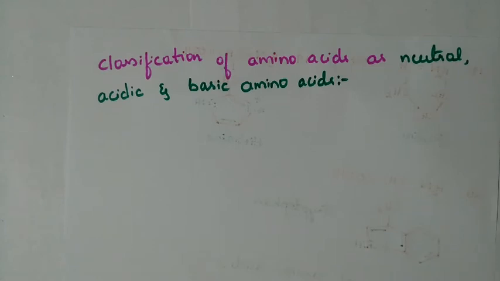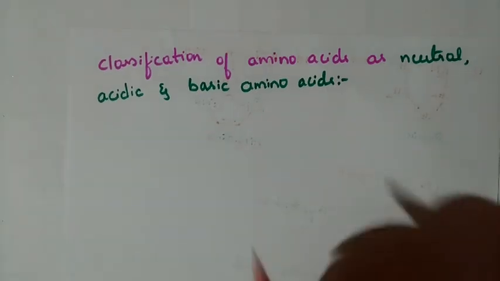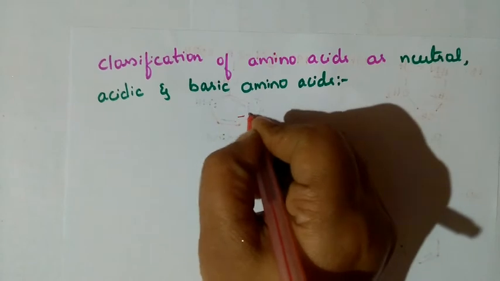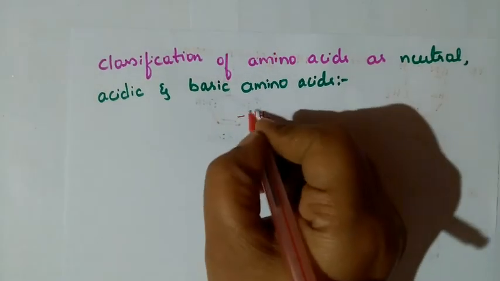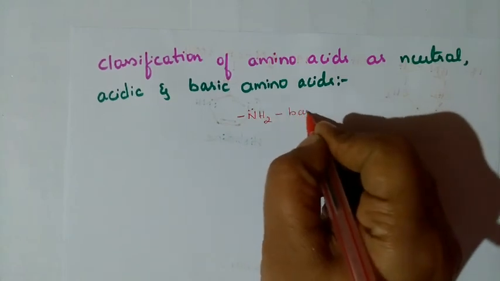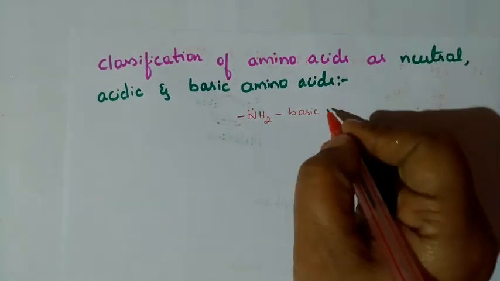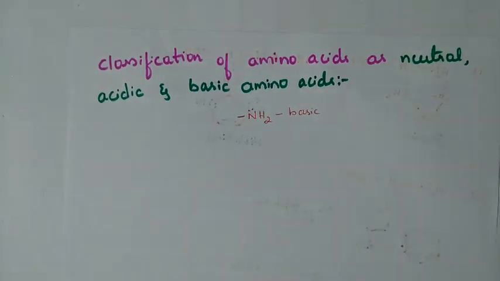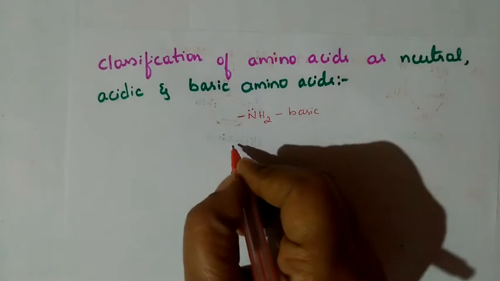We know that the NH2 group is nothing but an amine group. It has a lone pair of electrons which is responsible for the basic nature. It is a little different when you study the entire structure of an alpha amino acid, but when you consider the NH2 group, it is basic in nature.